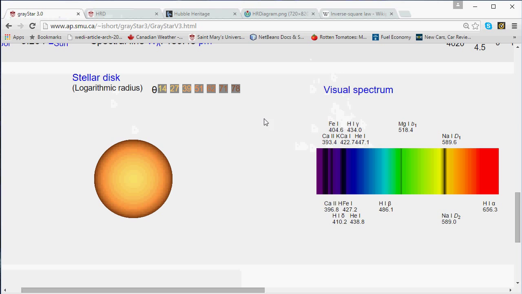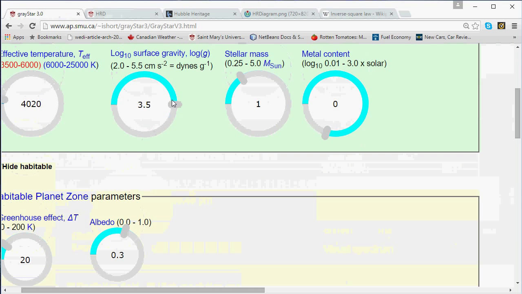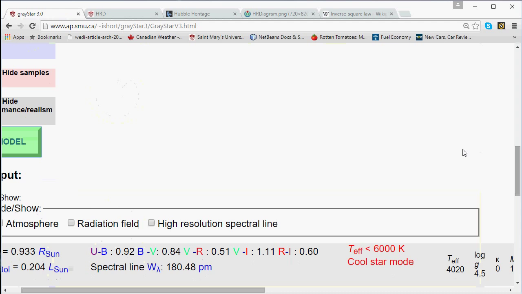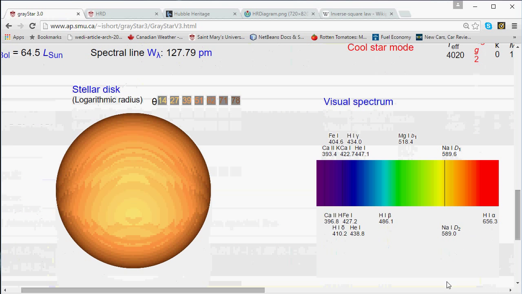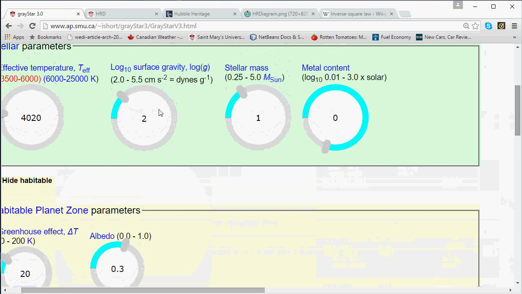On the other hand, going back to grayStar 3 here, if a star has dark spectral lines that are relatively narrow, as this one does, then remember that tells us that the star has a relatively low value of surface gravity.